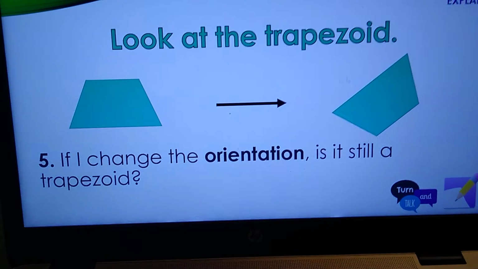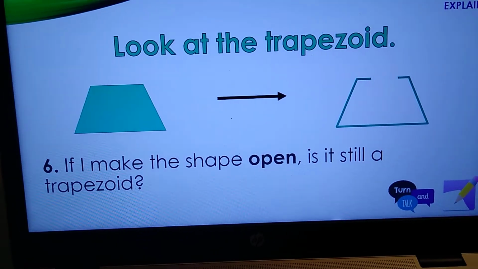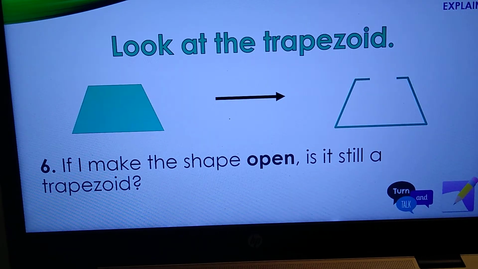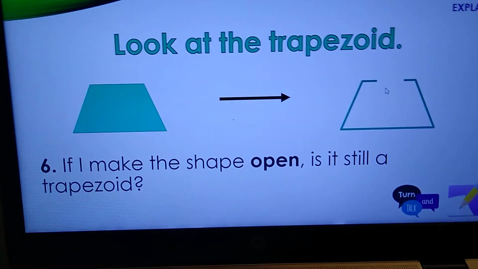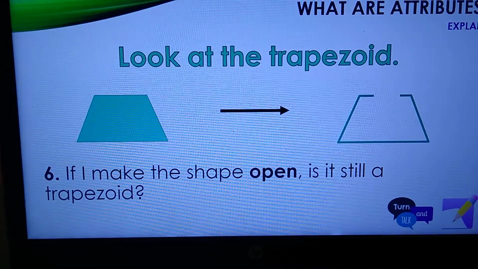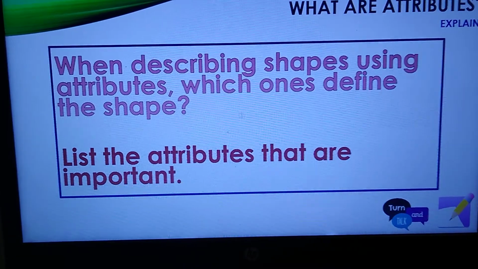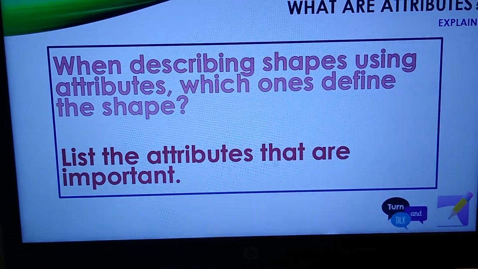Is it still a trapezoid? Yes. If I make the shape open, is it still a trapezoid? If there's a big empty space, is it still a trapezoid? No, now it's not a trapezoid anymore. When describing shapes using attributes, which one defines the shape? List the attributes that are important.